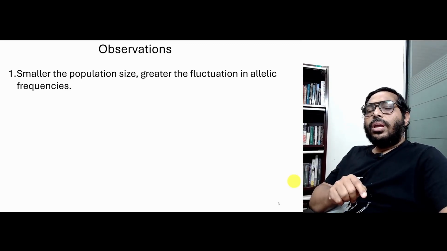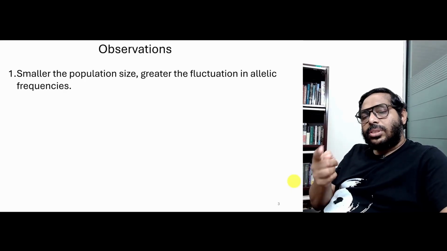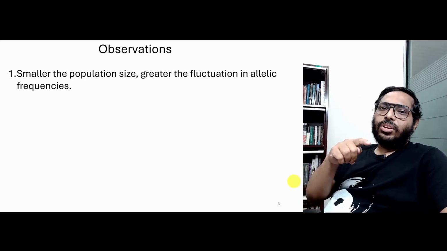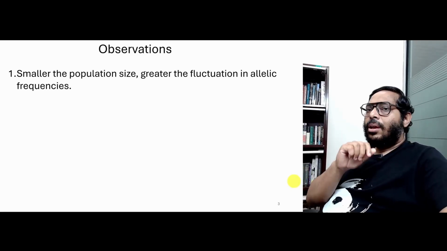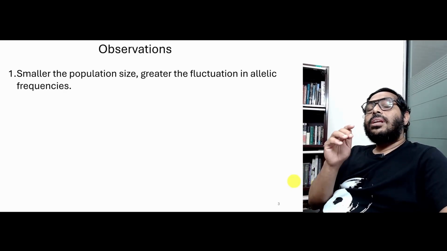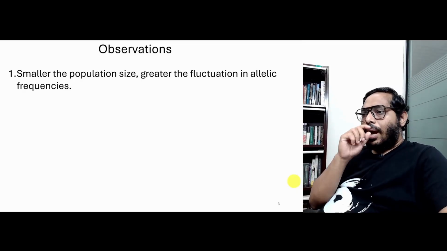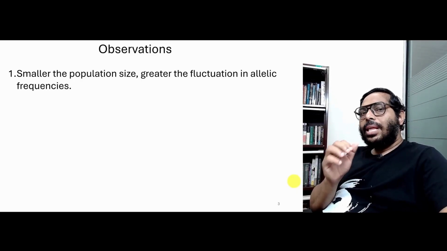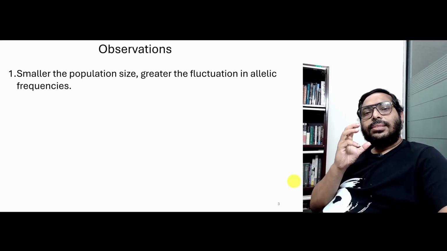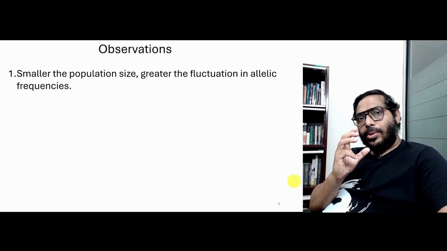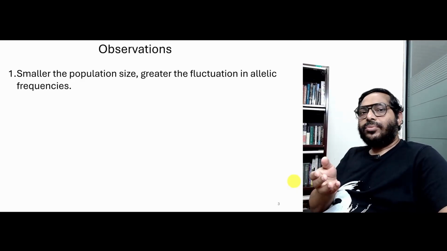The only way you can have a very large sample is if your starting population itself is extremely large, in the theoretical sense infinitely large, which is why we had explicitly assumed that our population size is infinitely large. However, the moment the population size becomes finite, the sample of gametes that you are taking from the population of all gametes also becomes finite.